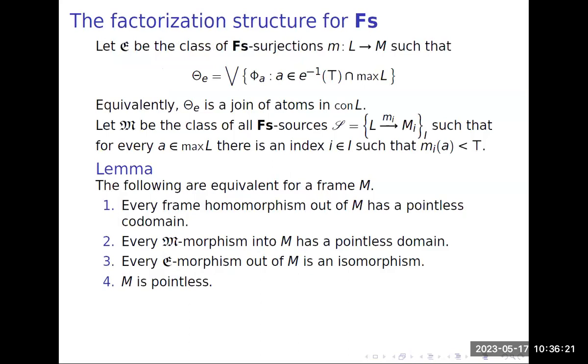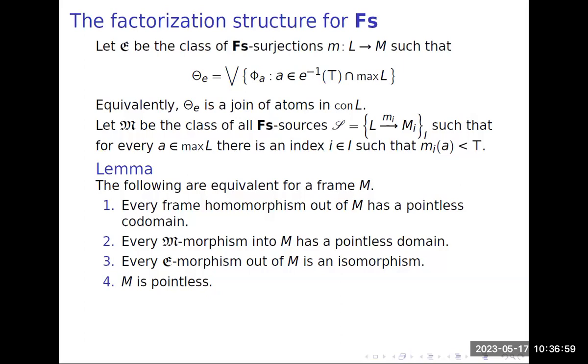Now, there comes at this point into the picture a rather interesting factorization structure, and I'd like to describe that to you now. The morphisms in the category fractor E are those skinny surjections which have the feature that the morphism only identifies two elements of the frame if the two are identified by the join of the open congruences of those maximal elements which the morphism sends to the top of the codomain.